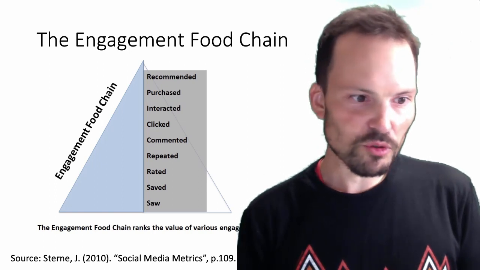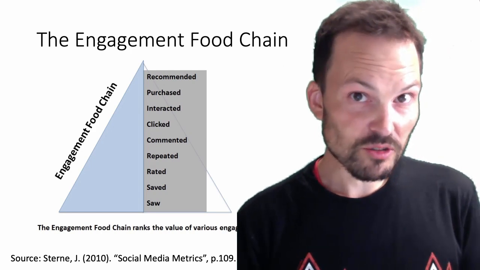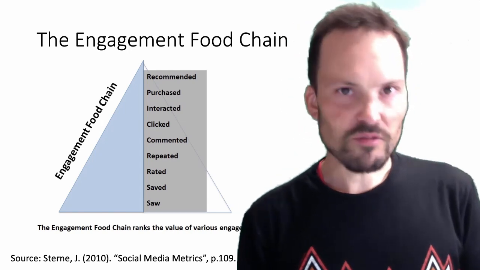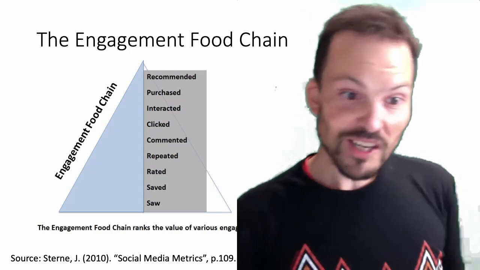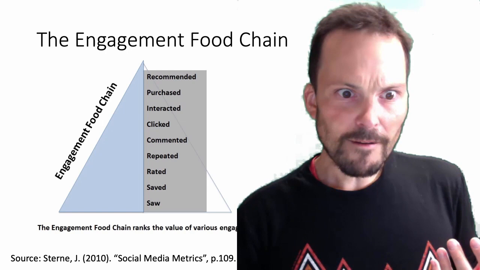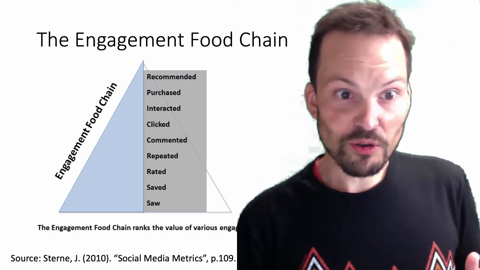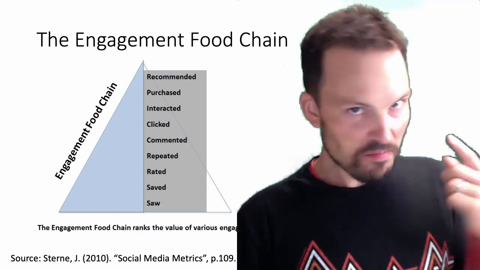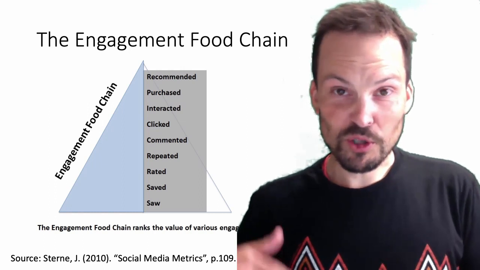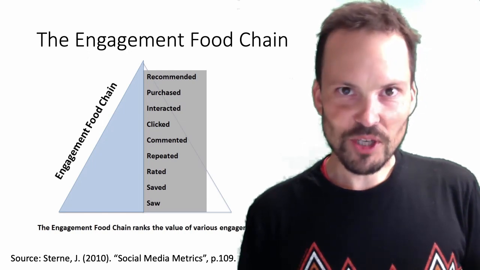So at the bottom of this food chain, these are the sort of easy metrics that the media companies, Facebook and the Googles, want you to focus on and say, oh, look how many people I've exposed your ad to, and this many people liked it, or they rated it, or whatever. But how many of them actually made a comment, clicked onto the website, or further on interacted with you, or purchased something, and at the top of the food chain purchased and then wrote a review, recommended it to their friends, spreading the word of mouth. These are the sort of things that we are really after.